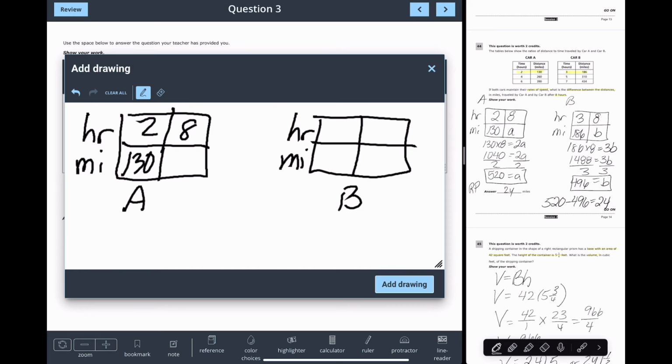Now I'm just copying 3, 186, 8, and B. And I'm just going to write underneath it my equation. So I like just doing this.